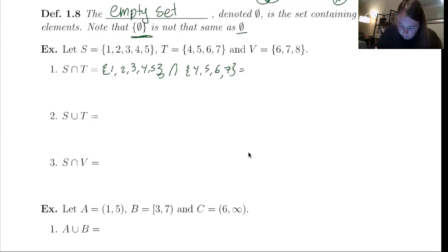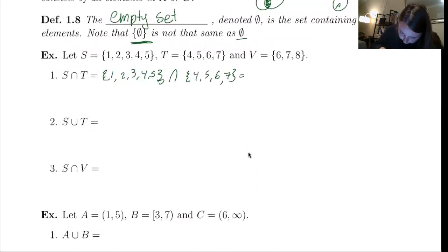Is 1 in both of them? No. Is 2 in both of them? No. 3? No. Ooh, 4. Ah, 4 is in both of them, and 5 is in both of them. Beautiful. 6 is only in T, 7 is only in T. So the only ones that I want are 4 and 5. Great.